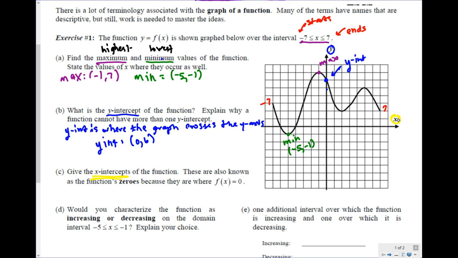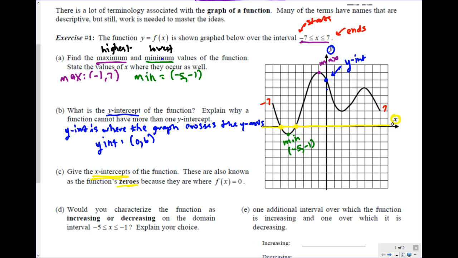And now I need to find out where this graph touches the x-axis. Now there can be many of these, right? That's why it says plural zeros. So I'm going to look at this graph wherever it touches here. Oh, here, there's where it touches, and there's where it touches. So notice if I keep trying this yellow line, it doesn't touch the graph anywhere else.